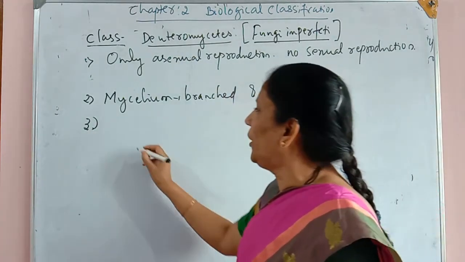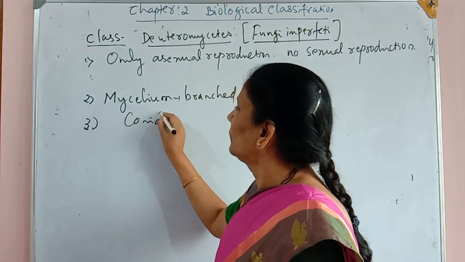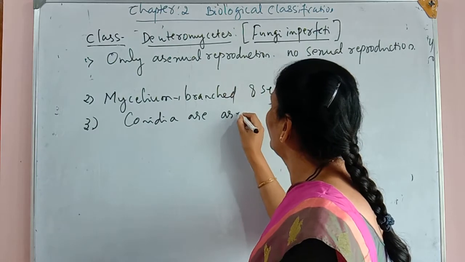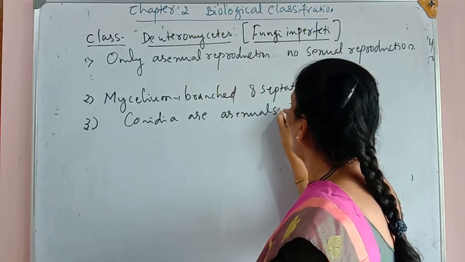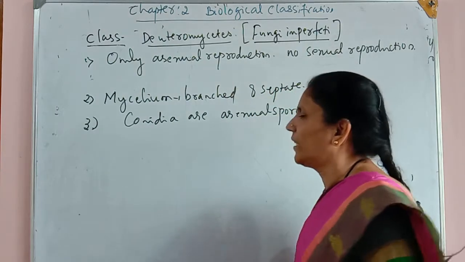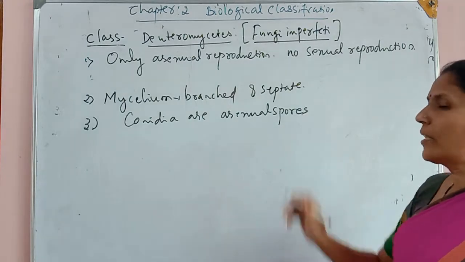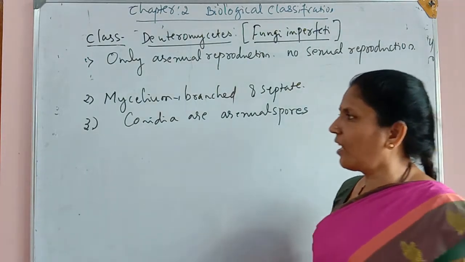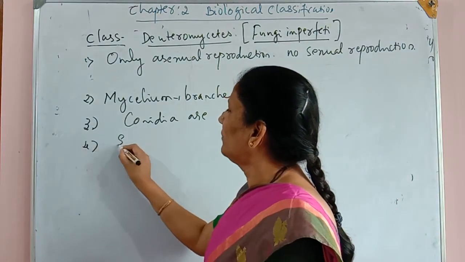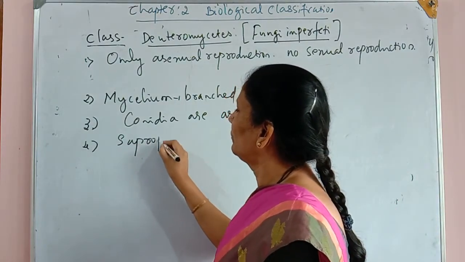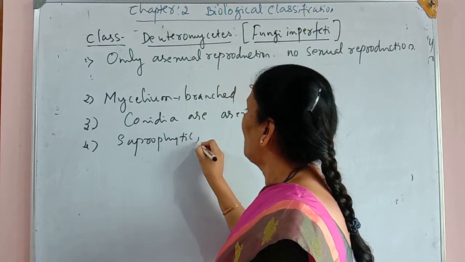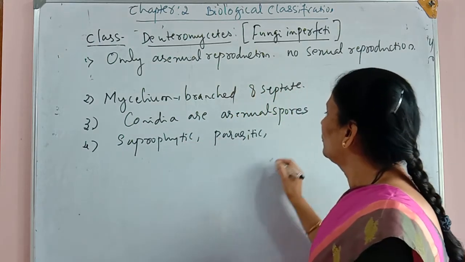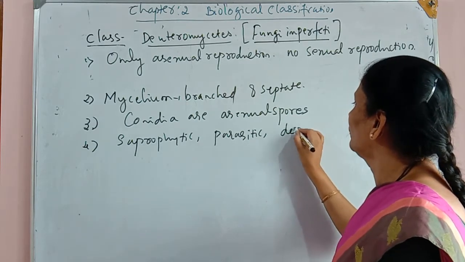Asexual spores are conidia, which are produced exogenously. Members of class Deuteromycetes are saprophytic, parasitic, or decomposers.